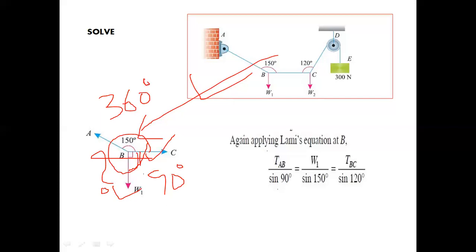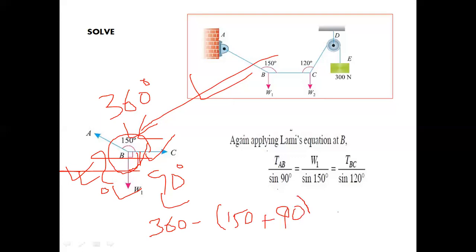So this one is 150 and this one is 90, then this portion is 360 minus (150 plus 90). So we can easily find the value of these portions.